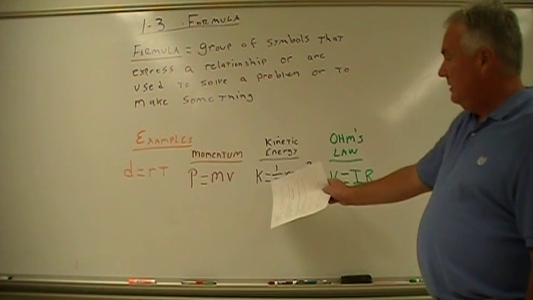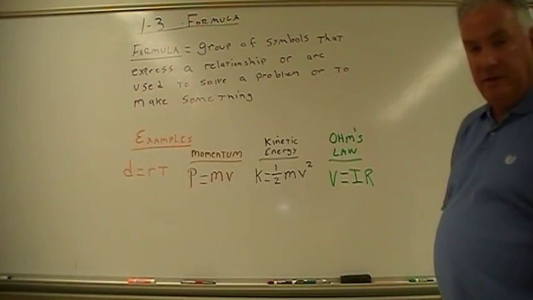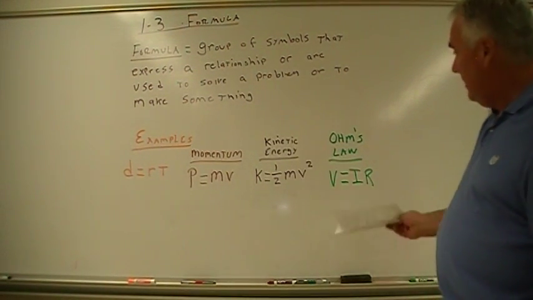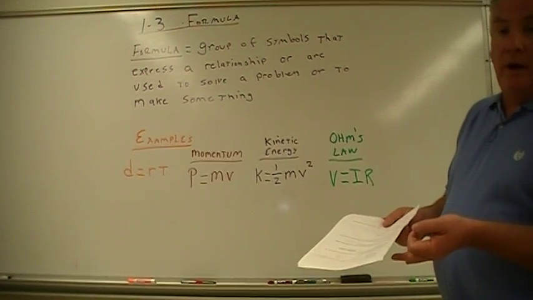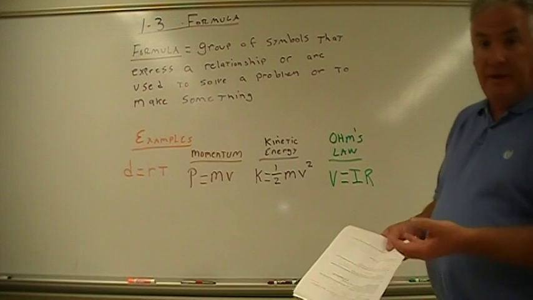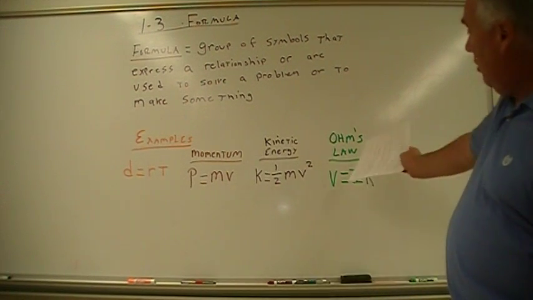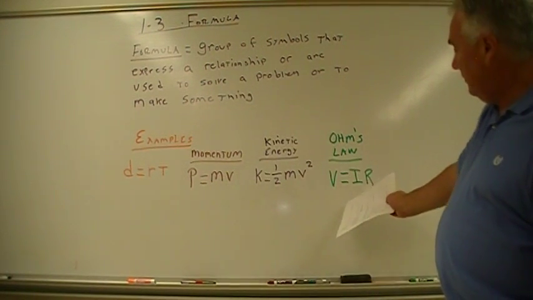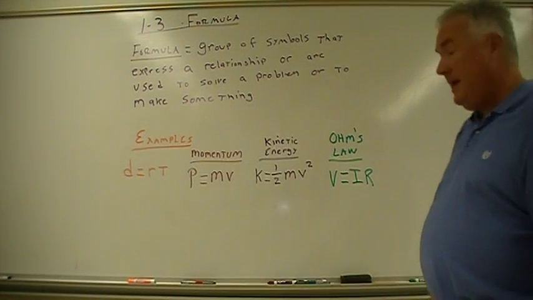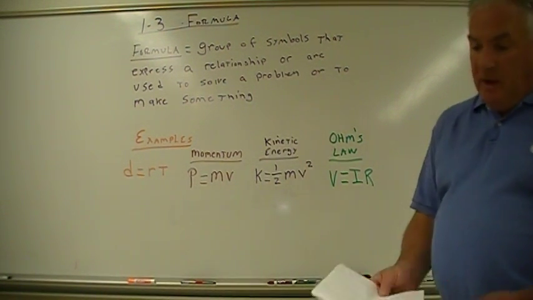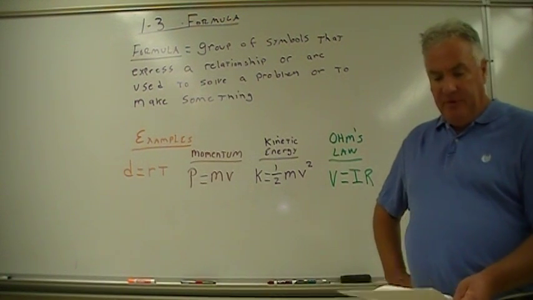There's kinetic energy, there's that formula. And then electrical. If you're in auto or any of the electrical pieces and you deal with electricity, Ohm's law, you're dealing with some voltage and some current and amps, things like that. And so these are some examples of formula.